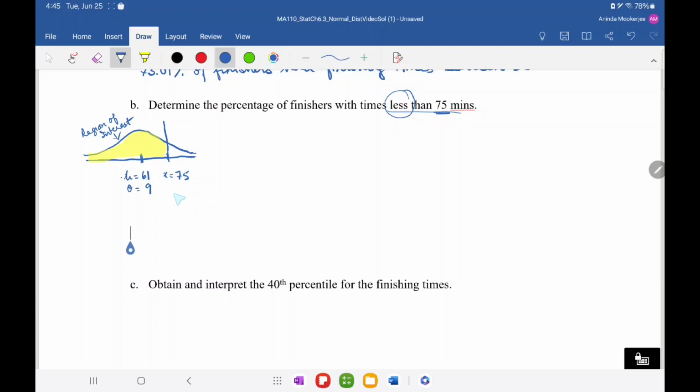However, we cannot go there with X values. We have to go to the table with Z scores, correct? The table only works with Z scores.